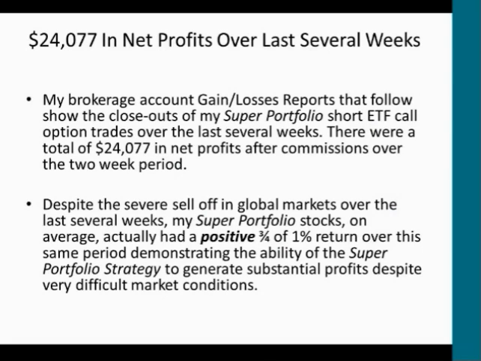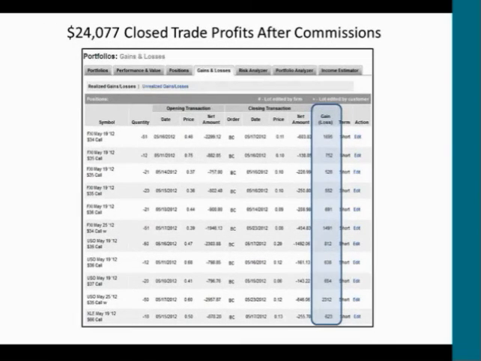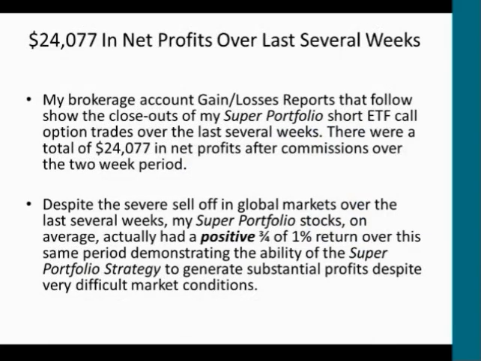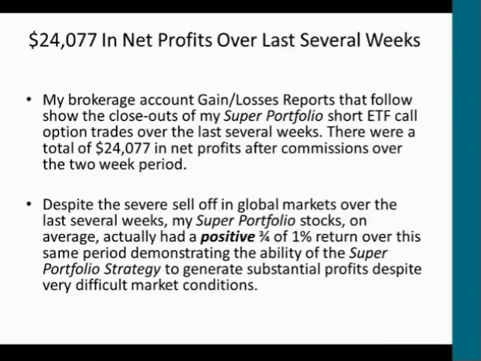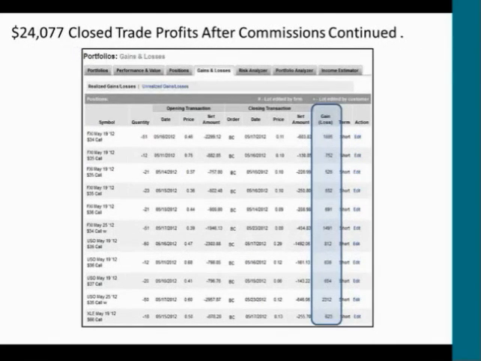So I profited from the closeout of these short calls here, but I also profited because the super portfolio stocks actually rose a little less than 1% that week, and that was a pretty brutal week, that May 19th. So I not only made money on the short calls, but I also made money on the super portfolio stock. So that shows you how you can make money in these kind of market conditions.